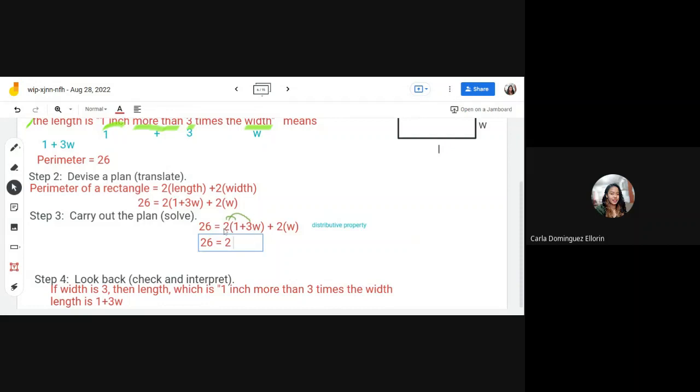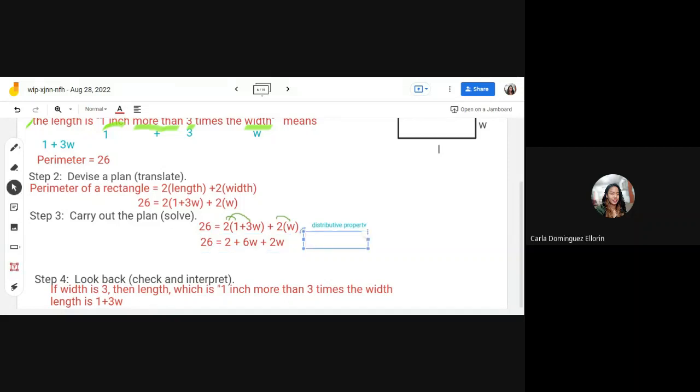Multiply the numbers: 2 times 3 is 6, and copy the variable W. So, we have 2 plus 6W, and then plus 2 times W, that would be equal to 2W. Since it is a number and a variable, just put them together.